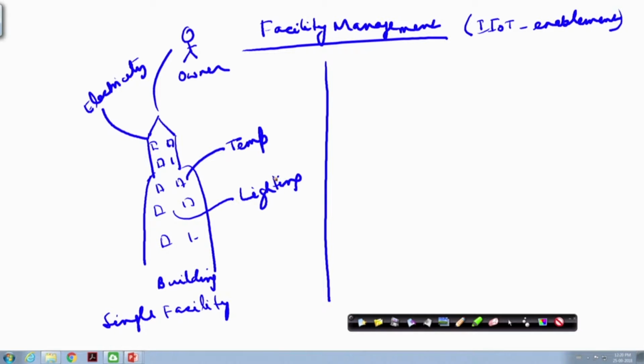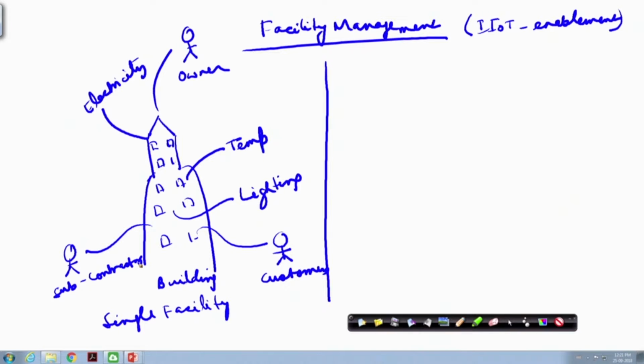There are going to be not just the owners, but different other actors who are going to use this facility, like let us say customers. In an industrial facility there could be different contractors or subcontractors who could be using it.